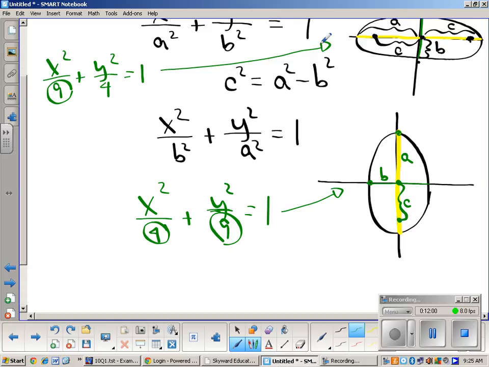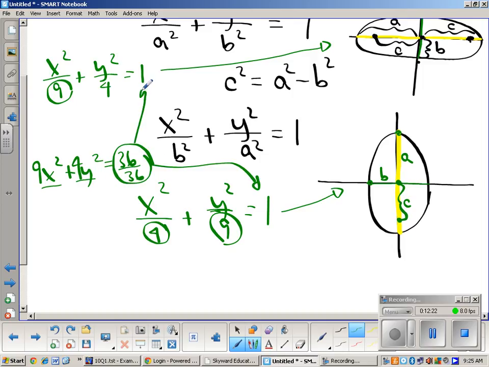But what if they don't set it in that form? Well, say it's 9x squared plus 4y squared equals 36. Then I'm going to divide every term by 36, because this number has to equal 1 no matter which model I'm looking at. 9 goes into 36 four times, so I get x squared over 4. 4 goes into 36 nine times, so I get y squared over 9.